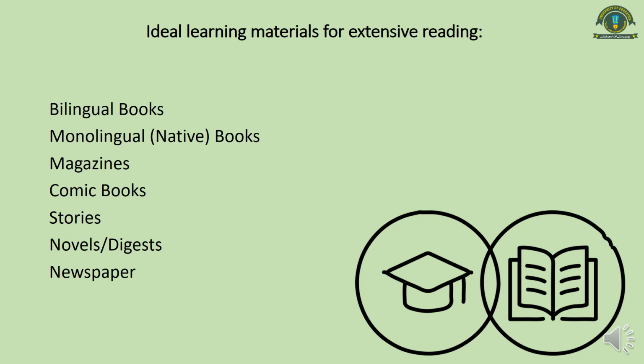So, extensive reading in newspaper is that you're reading sports, then you jump to your favorite page 3 section, and then from there you jump to highlights of national or international news. So, all these are found in newspaper and they are the best means of extensive reading.